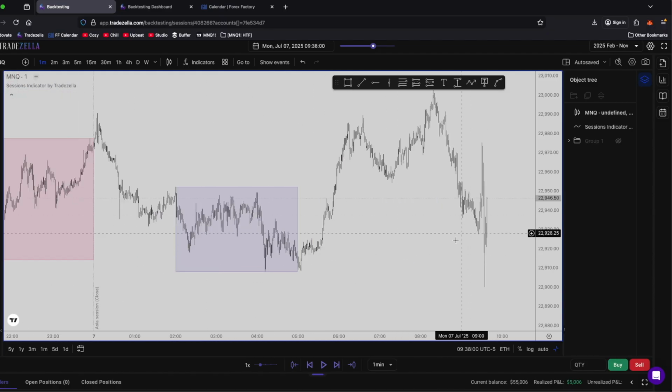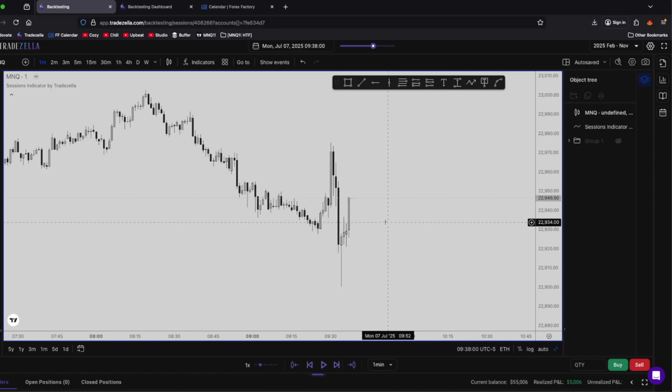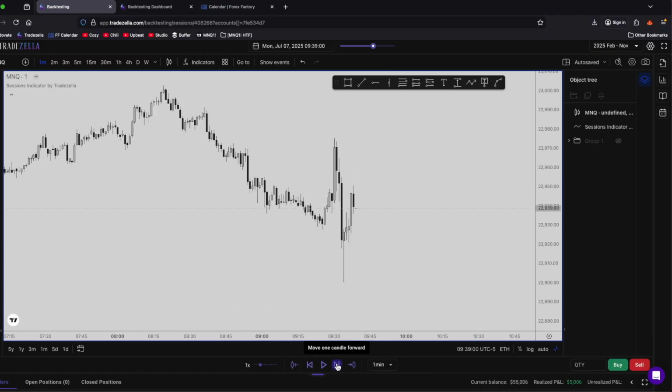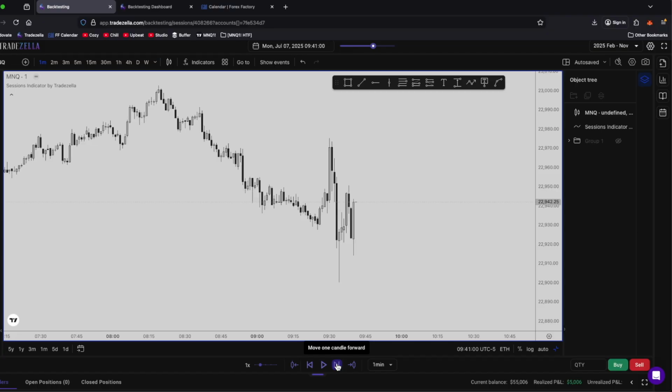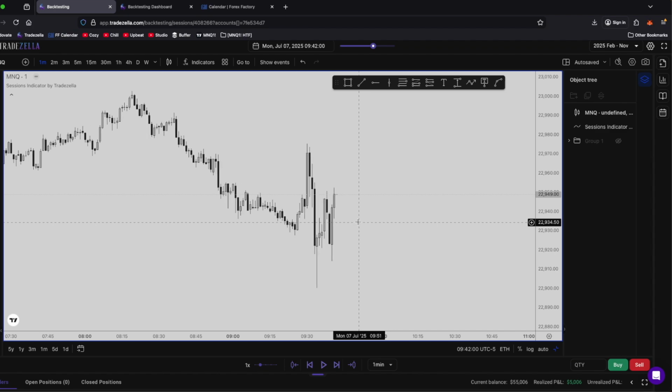So it could still be bullish, but I'm thinking it's a little more bearish. So I'm going to let this one go. All right, so we have an order block to add to it. It's 941.